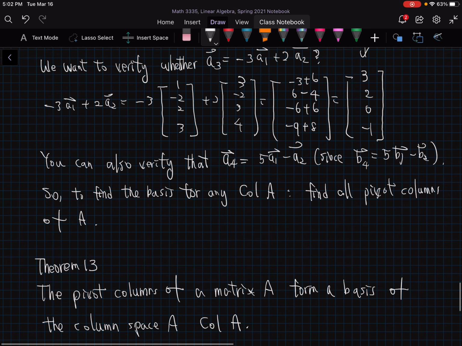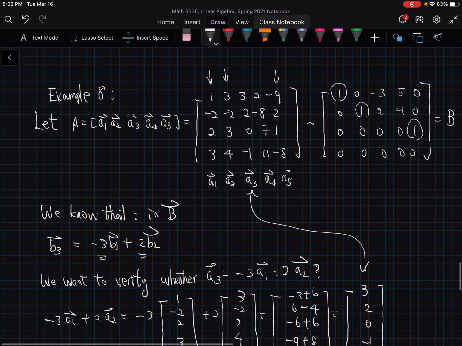What does that mean? Here we have A1, A2, A5 as a basis of the column space. If you recall, the null space for B is B3 and B4. Therefore, A3, A4 will be the basis for the null space for A as well.